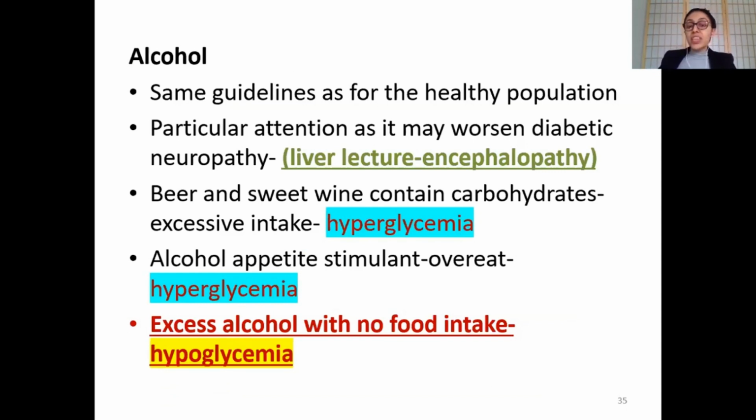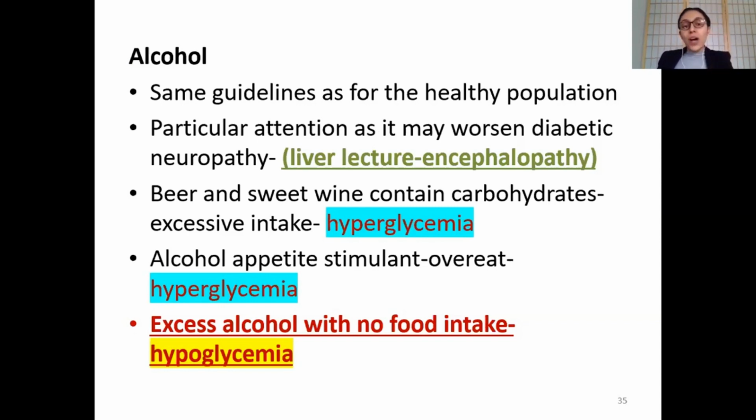The efficiency with which you and I can metabolize glucose, all of your glycolysis, gluconeogenesis, is not done with the same efficiency in a diabetic individual. Their baseline glucose metabolism in itself is impaired. Therefore, they have to be more mindful when they are drinking alcohol.